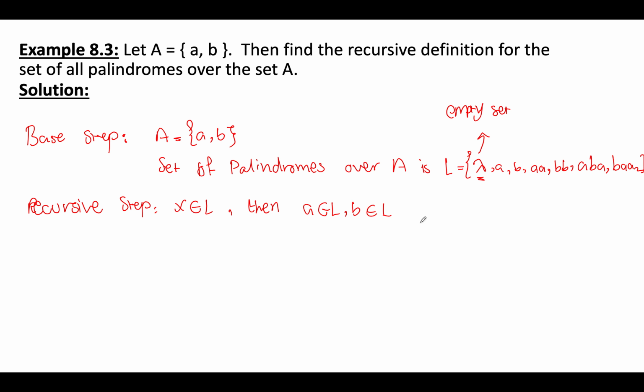Then if I have a combination as axa, it should be an element of L, and bxb, a combination of the second letter, is also an element of L. All right?